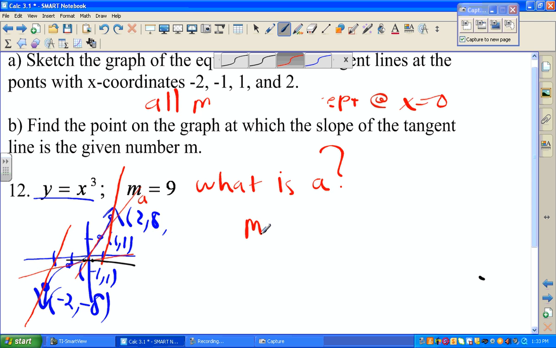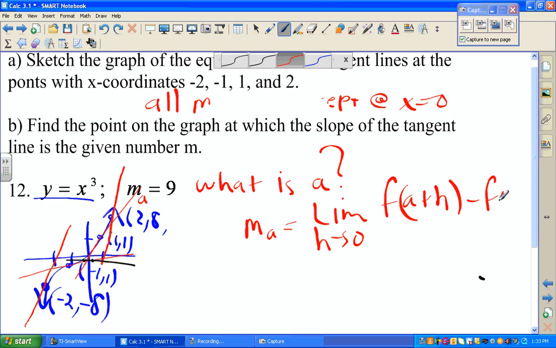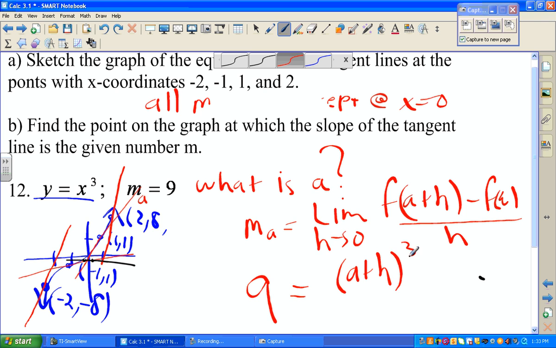Remember we had the slope at a equals the limit as h approaches 0 of f of a plus h minus f of a all over h. If you don't know this by now, you better know it by the end of the week, or hopefully by Wednesday. Now I'm going to put 9 in place of this, and f of a plus h, I'm going to put a plus h cubed minus a cubed all over h for the limit as h goes to 0.